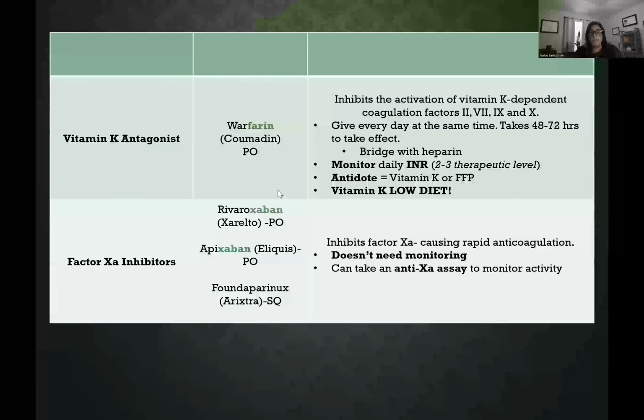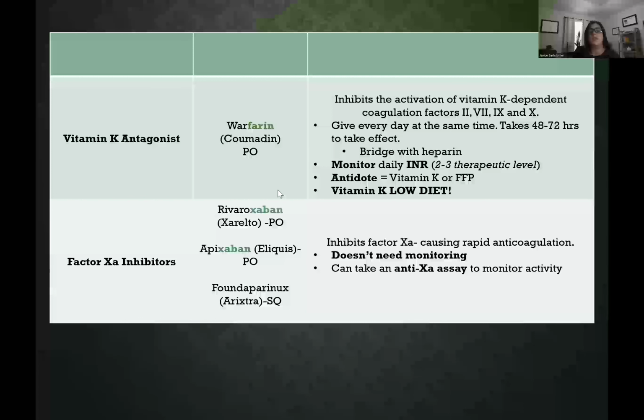It needs to be given every day, and it does take up to 3 days to reach that therapeutic level. So sometimes we bridge it with other medications such as heparin. The antidote is vitamin K or fresh frozen plasma. And there's some education that goes on when someone is on warfarin that I'm soon going to be talking about. One of it is your low vitamin K diet.